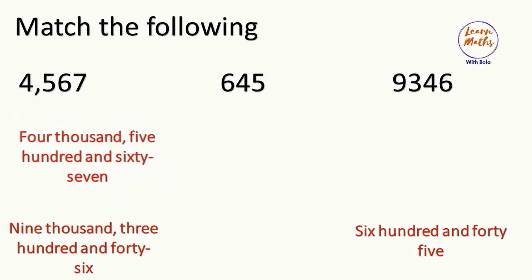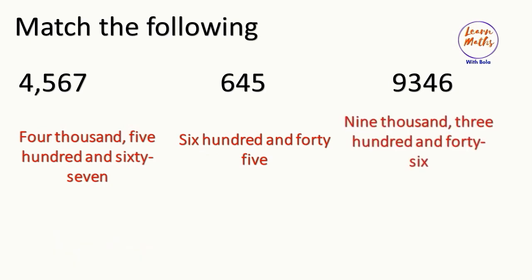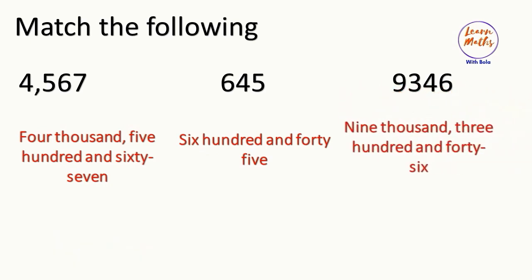Then the second one is 645, which is a 3-digit number. So this will have hundreds only, no thousands. So 645. Then the last number is 9346. So that gives us 9,346. So it's as simple as anything.